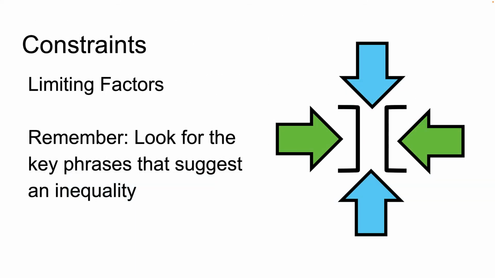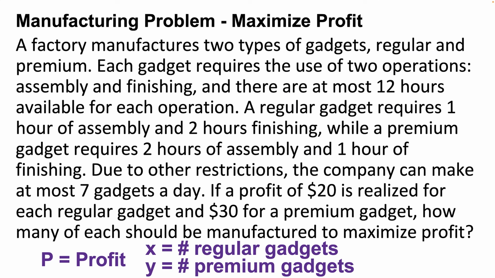Now we're ready to look for the constraints. Constraints are limiting factors. Remember, these are going to be inequalities, so look for key phrases in the problem that suggest an inequality. Let's go back to the problem statement. This time we're looking for constraints. The first constraint can be found in the second sentence.